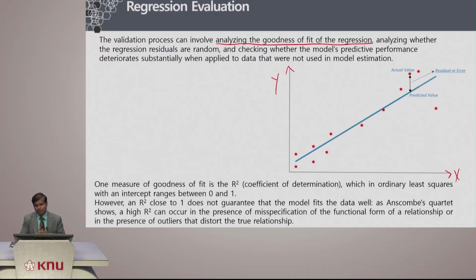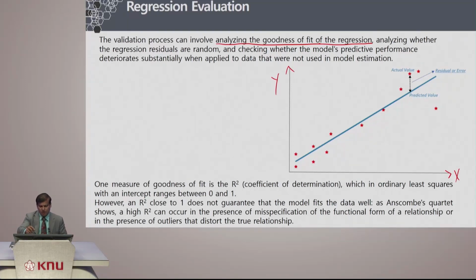Anyway, we cannot have a perfect regression model, but we can find a best fit which has less error or less residue.